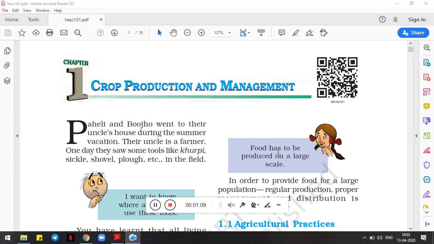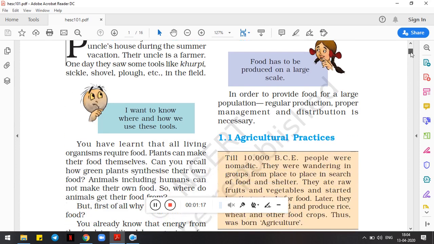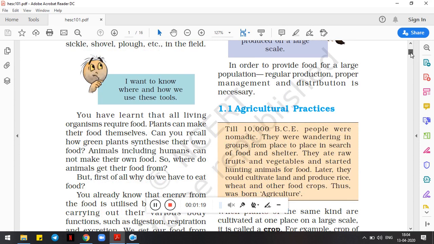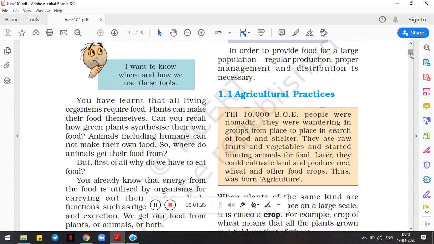You have learned that all living things need food to survive. Even plants need food. Plants can make their own food by the process of photosynthesis. Animals including humans depend for their food on the plants or animals.